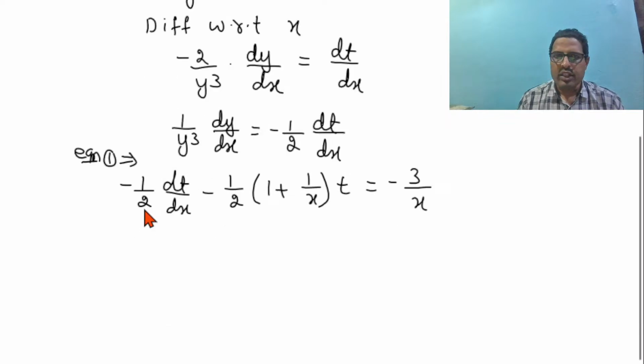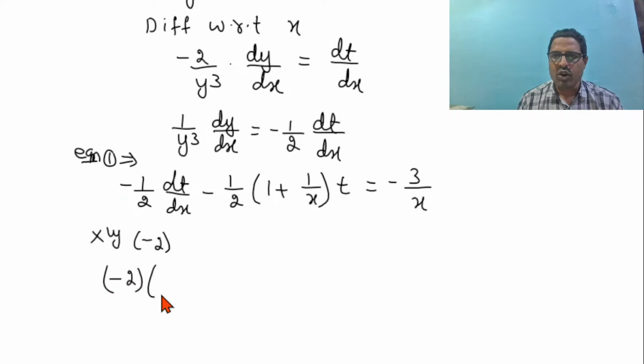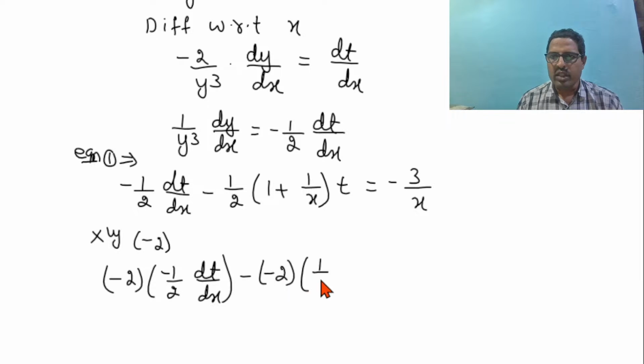Now because we have this minus half, let us multiply the entire equation by minus 2. If you multiply the entire equation by minus 2, it is minus 2 times of minus half into dt by dx. Again over here minus 2 is being multiplied with this entire expression, 1 by 2 times of 1 plus 1 by x times of t. On the right hand side also you have to multiply by minus 2.